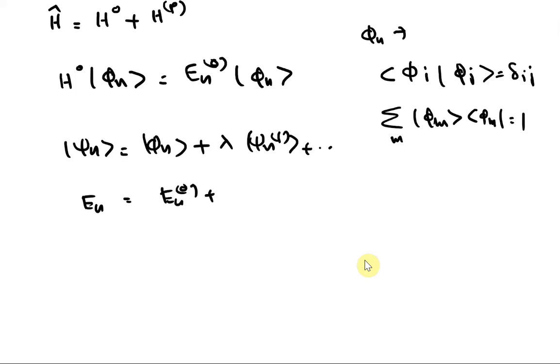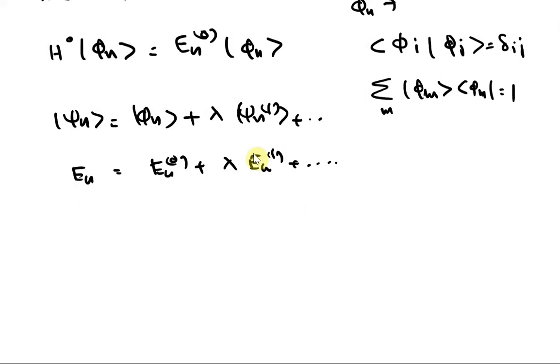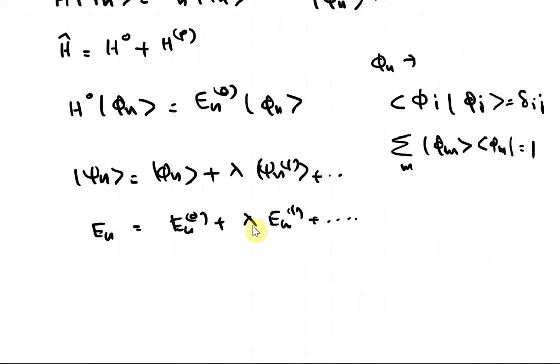Our energy values are also expanded the same way: En0 plus lambda En1 plus etc. We put the operator on top of the states, compare the lambda terms, and find the equations. That's what we have done.